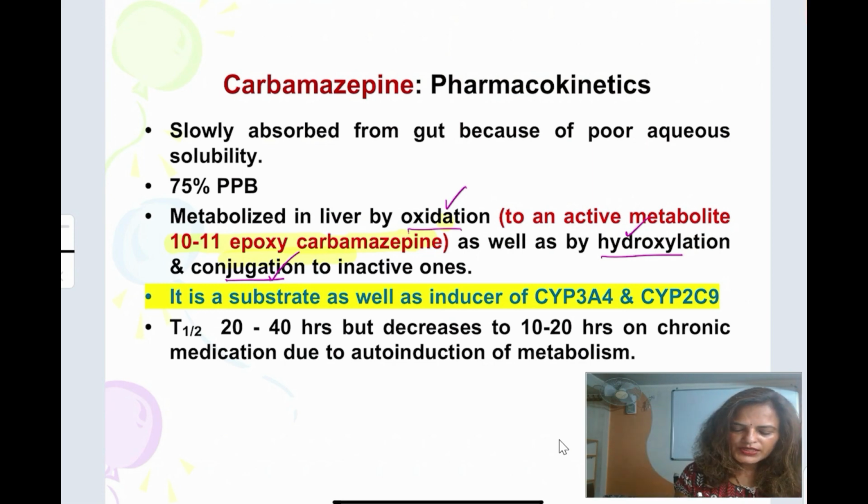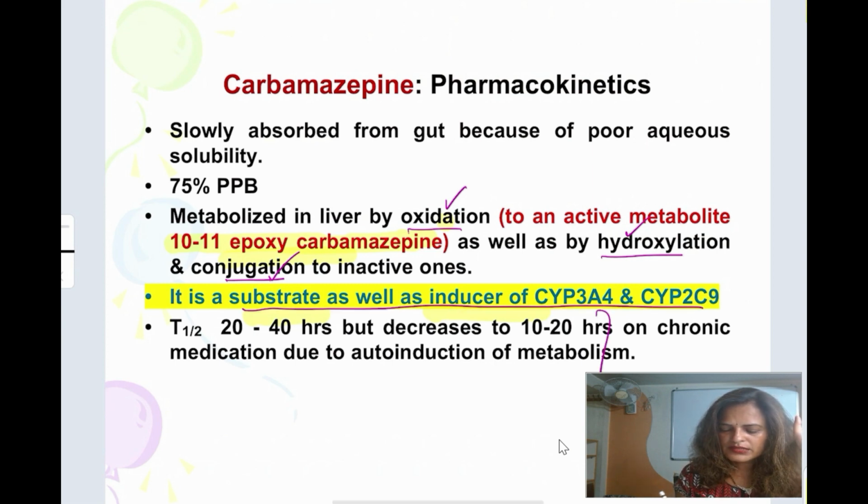So it is a substrate as well as an inducer. What does this mean? It is a substrate as well as an inducer. So auto induction is very common with this.